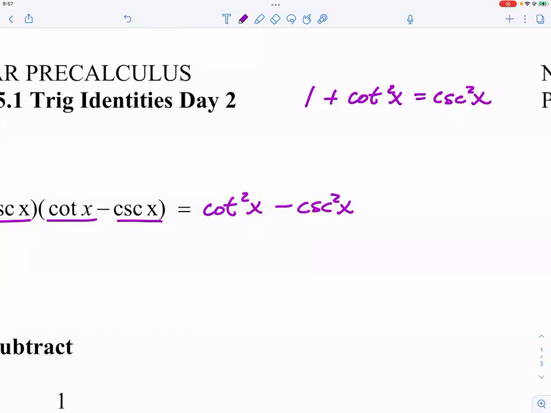If you shuffle the terms around, cotangent square x minus cosecant square x is equal to what?